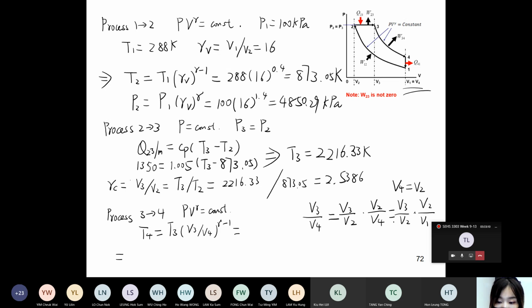That means, this is the cutoff ratio, and this is 1 over compression ratio. Let's plug this equation into this equation. What we have is gamma minus 1, okay?